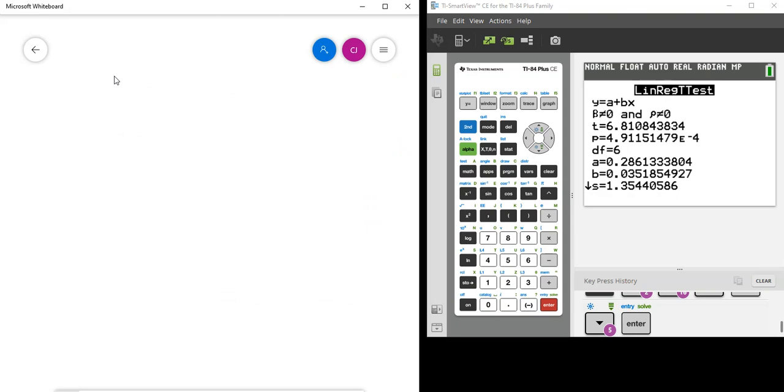This T is the test statistic, 6.8. All right. Is that a big value? Well, yeah. Plus or minus 2, we're talking about the T distribution. 6.8 is a pretty big number, right?